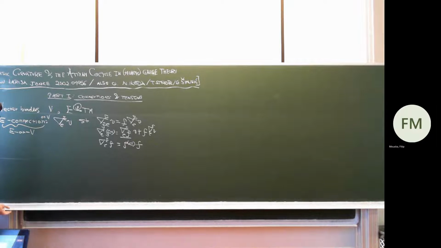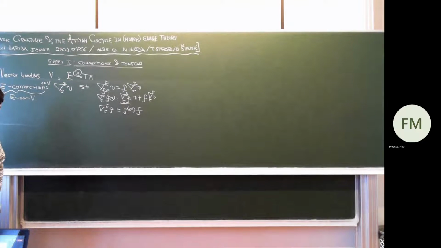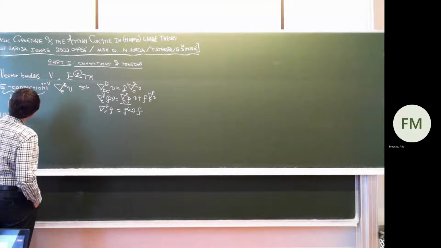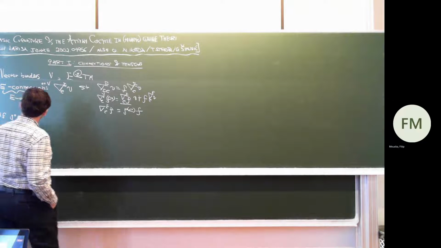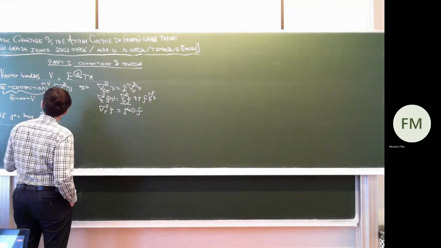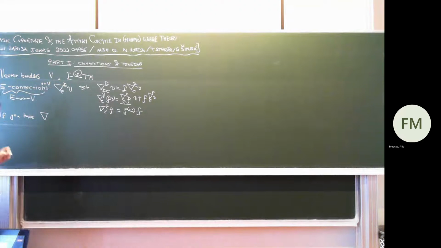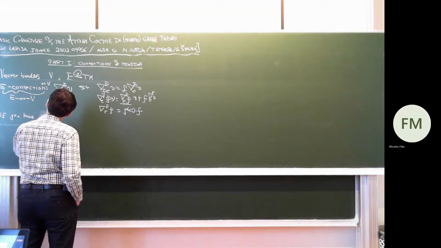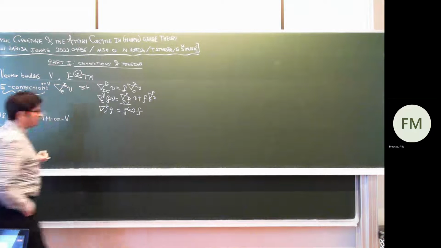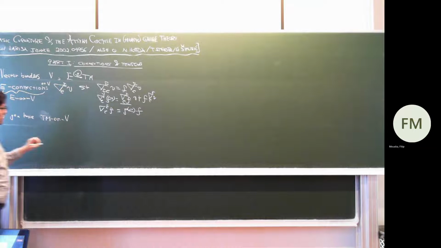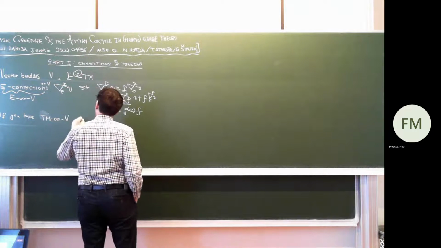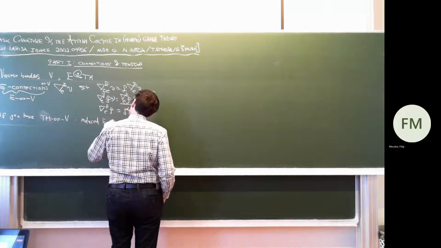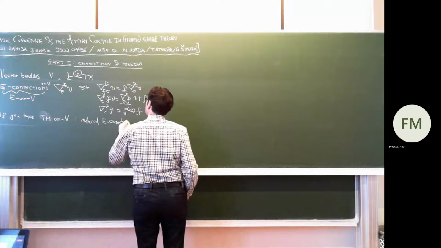Now, if you are lucky enough and have an ordinary connection on V, which I will denote just as nabla, an ordinary connection TM on V, then you can induce a new connection via the anchor.